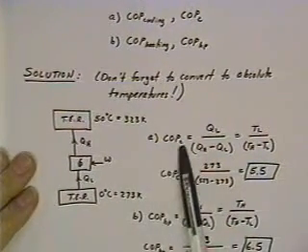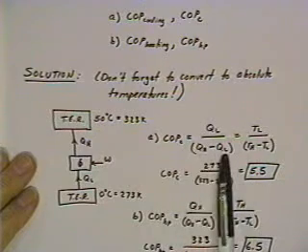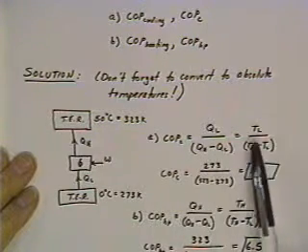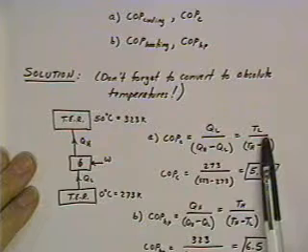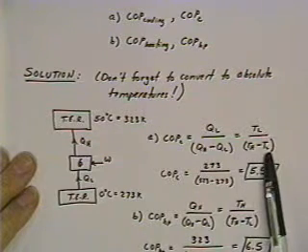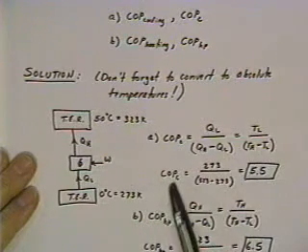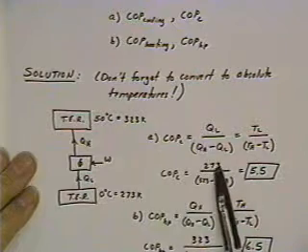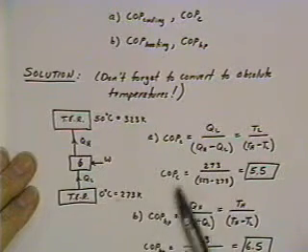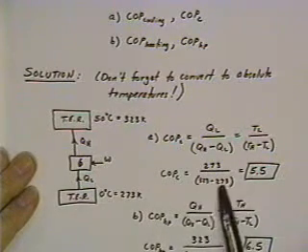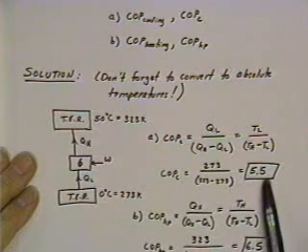Okay, COP for cooling is QL over QH minus QL, which for a Carnot cycle is TL over TH minus TL. And so COP for cooling then is 273, our low temperature reservoir, divided by the difference, 323 minus 273. COP for cooling is 5.5.